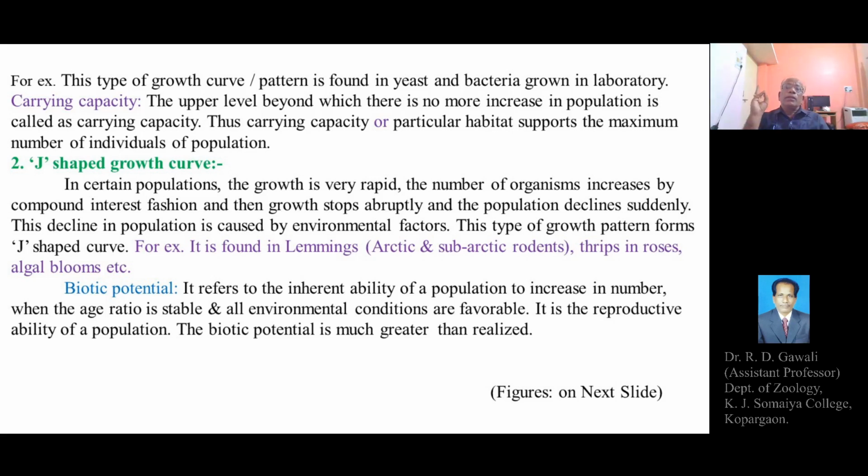So when all conditions of the environment are favorable and the age ratio is stable, the members of the species have a definite inherent ability or capacity to undergo reproduction and increase in number. It is the reproductive ability of the population.